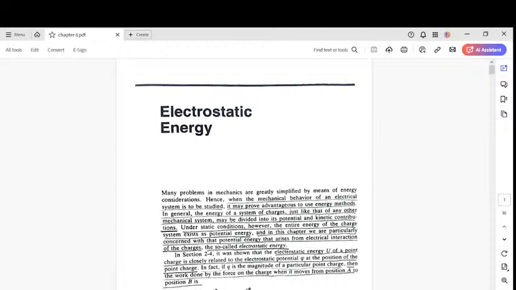We are dealing with a new chapter today. We will study the electrostatic energy and its subtopics.